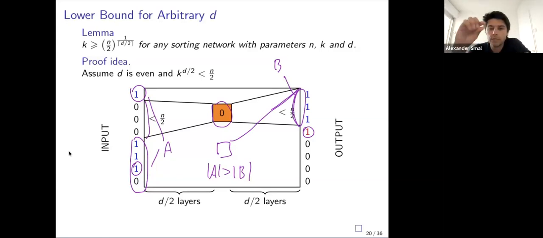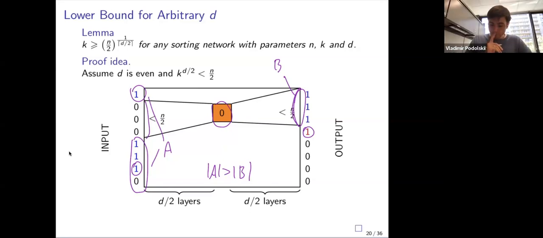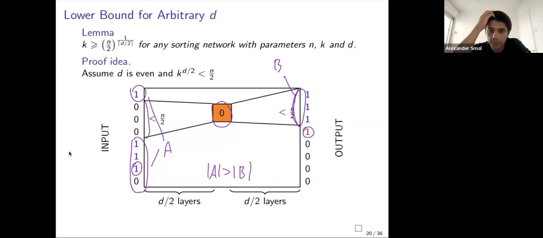No. I understand why on the right side the size of B should be at least n minus the size of A, because if we change something at this 0 point on the left, then it should affect this.